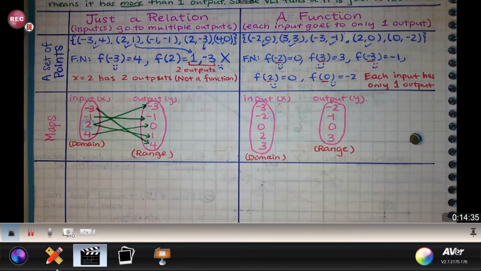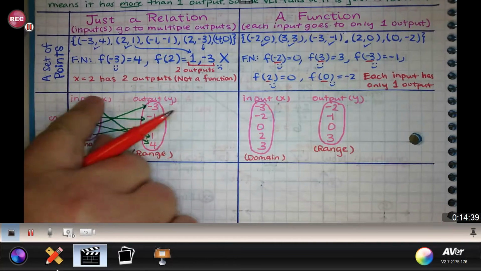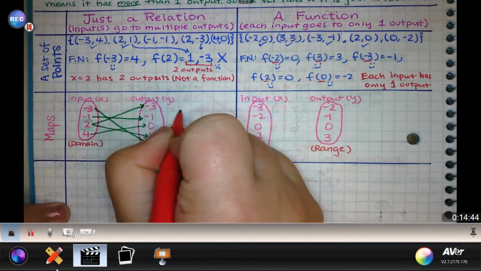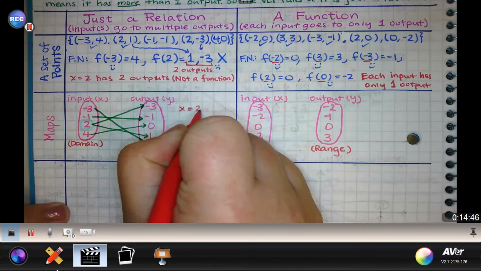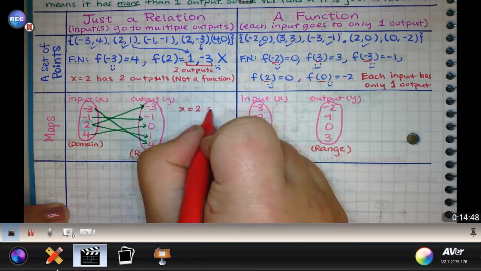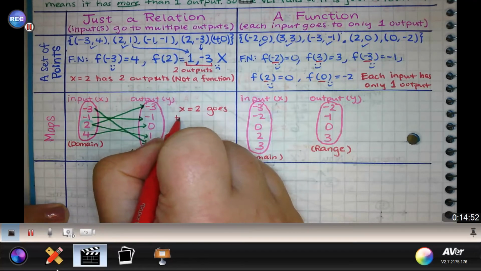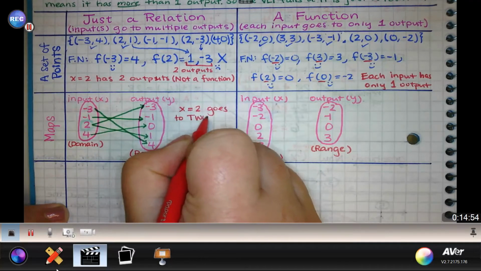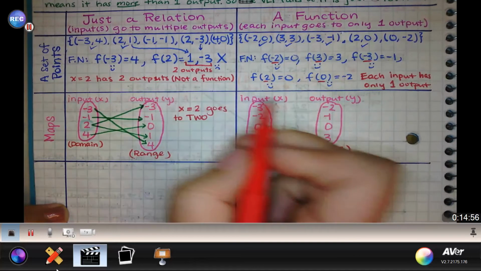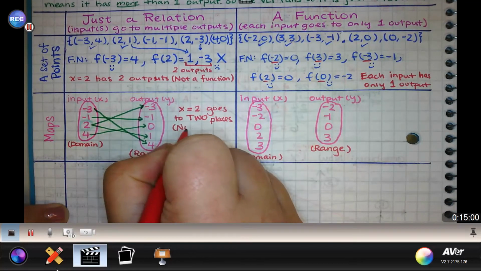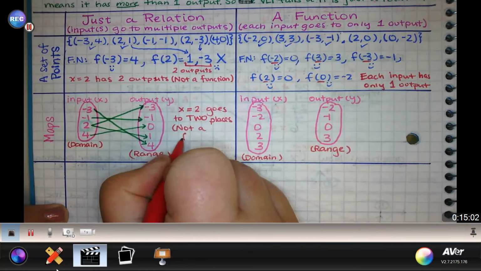So what we want to say here is that x equals 2 goes to 2 places. So again, that makes it not a function.